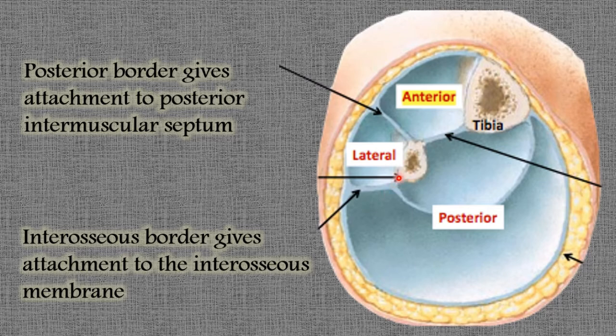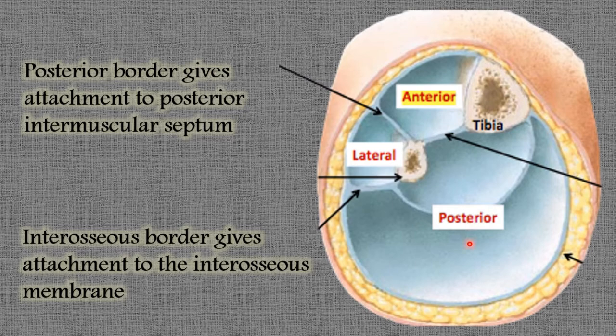This intermuscular septum divides the lateral compartment from the posterior compartment. This whole is the posterior compartment, which is largest among all. This is the anterior compartment, and this is the lateral compartment. So lateral compartment is separated from the posterior compartment.